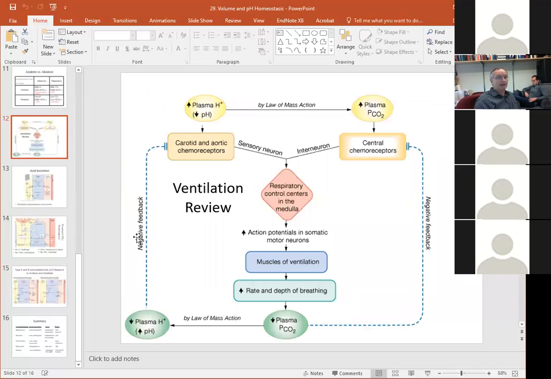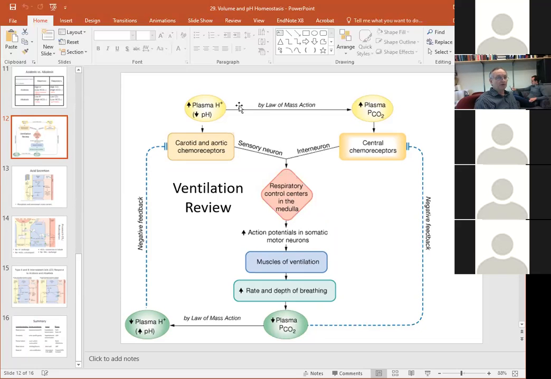Let me also back up to this slide that we kind of skipped over, just to remind you that it's CO2 affecting the central chemoreceptors through diffusing through the blood-brain barrier, then through Henderson-Hasselbalch producing hydrogen, which actually is what binds to the central chemoreceptors to stimulate respiration, to make us breathe harder, to get rid of CO2 when we're compensating for high CO2.